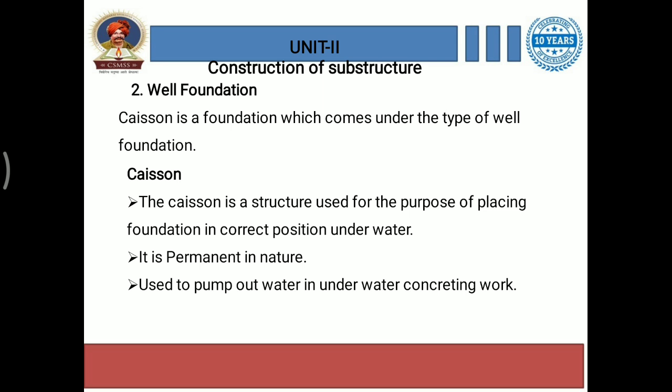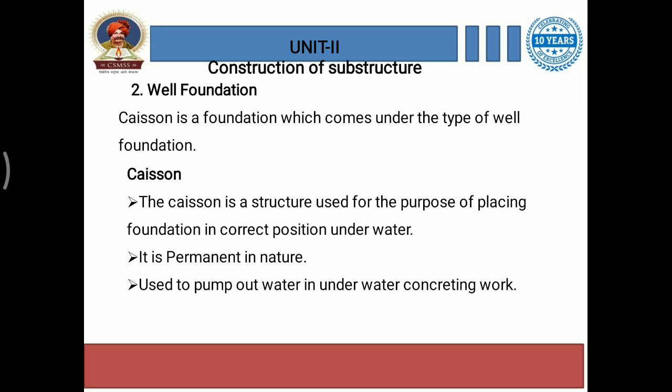Now the second very important type of deep foundation is well foundation. Caisson is a foundation which comes under the type of well foundation. We have to study these caissons in detail, and these caissons come under well foundation.